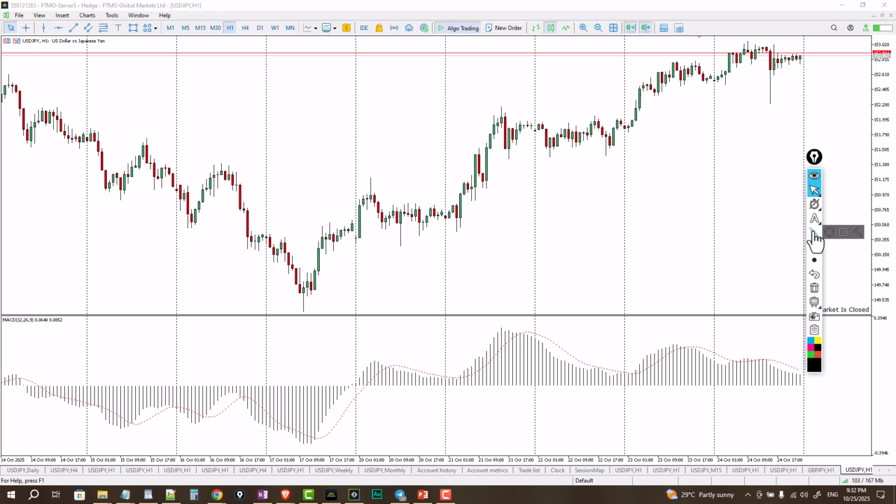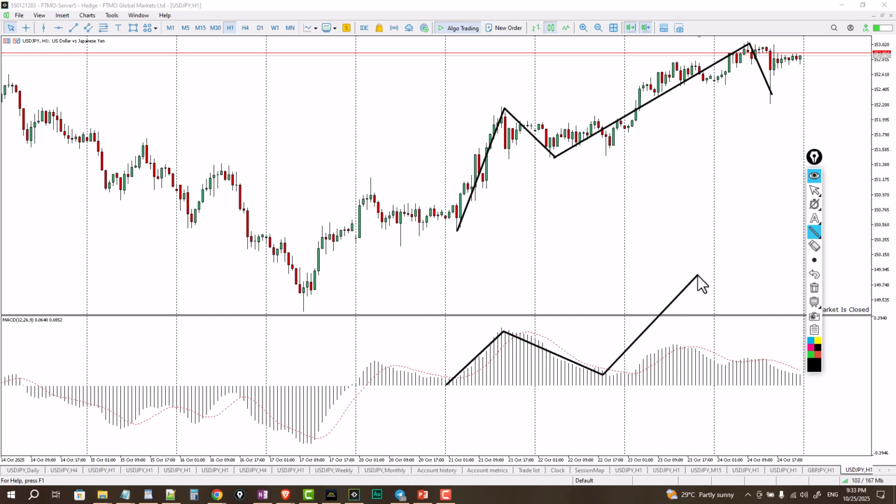Ideally, if you've attended any of my divergence trading classes, what you want to see on the chart is the oscillator mimicking what price is doing. So if price is forming higher highs and higher lows, you want the oscillator to also be forming higher highs and higher lows.